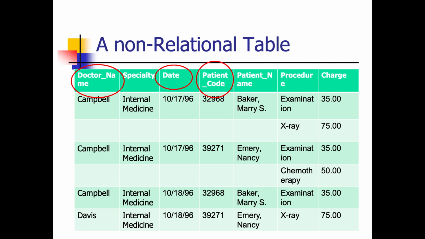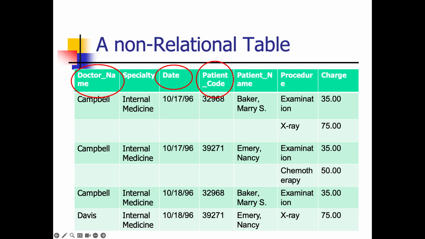How about a combination of two or more? A combination of doctor name and patient, can that be enough for a primary key here? No, because, for example, one patient can have different procedures with the same doctor on the same day.